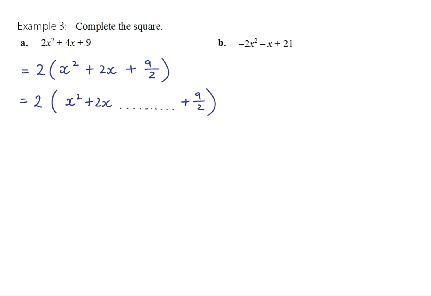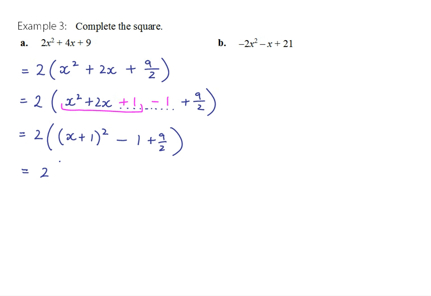Okay, so adding in here, half of 2 is 1 and 1 squared is 1. So we need to add in a 1 to make it a perfect square, and then we'll take away the 1. And here we have our perfect square. So we've got 2, and then we've got x plus 1 all squared. Outside of that we've got minus 1 and plus 9 on 2.